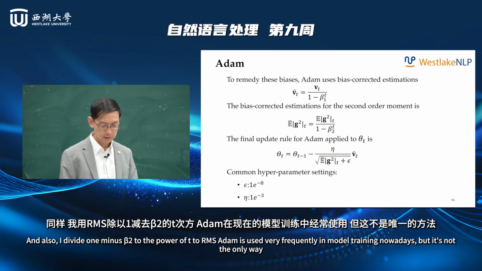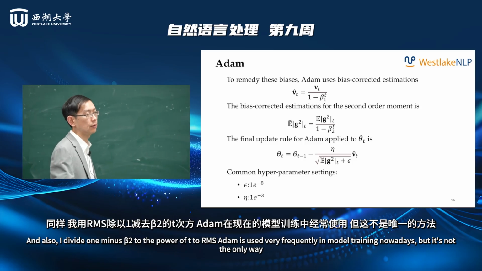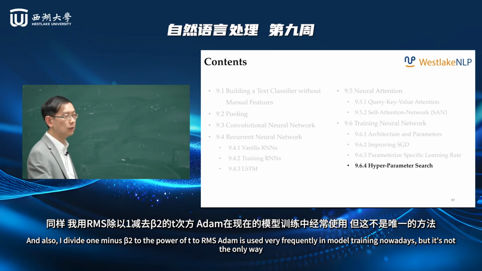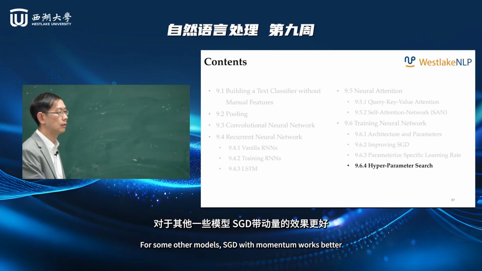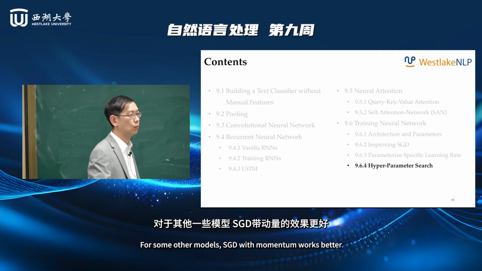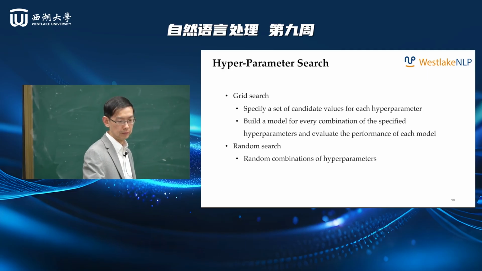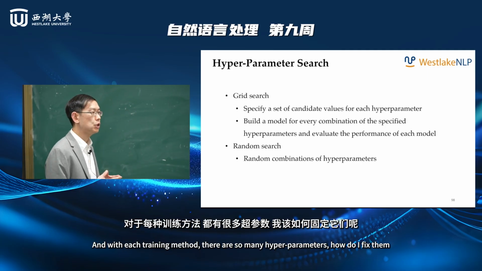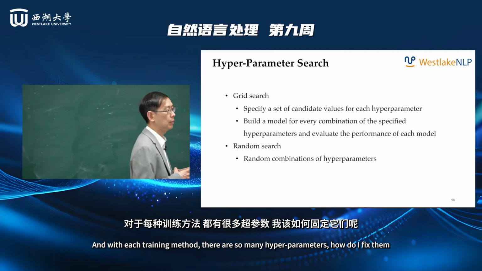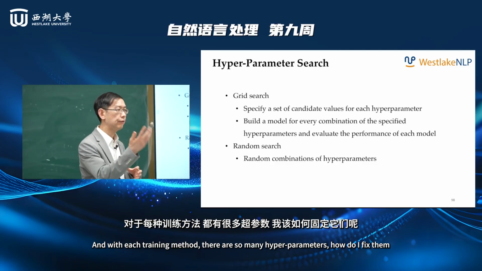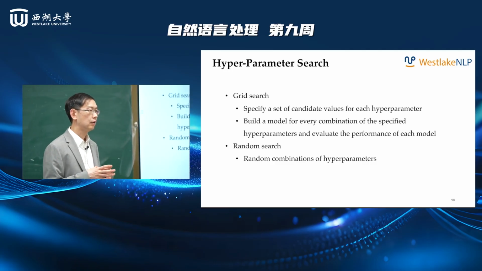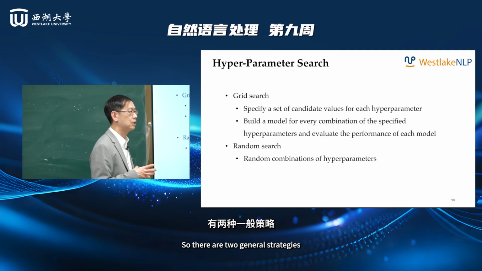ADAM is used very frequently in model training nowadays. But it's not the only way. For some other models, SGD with momentum works better. And with each training method, there are so many hyperparameters. How do I fix them? There are two general strategies.